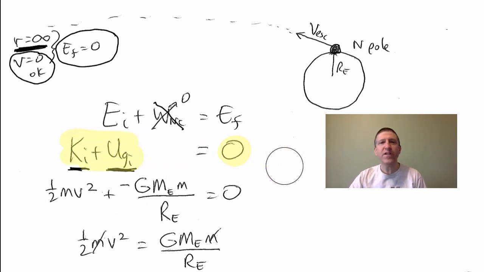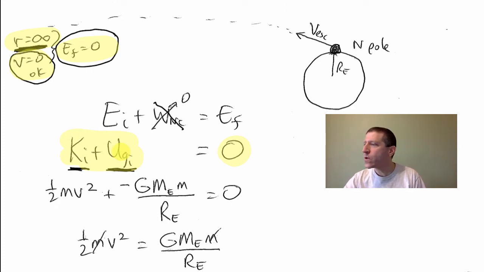In other words, if you have a total energy of 0, kinetic energy is positive, gravitational potential energy is negative, that means you've got enough energy to make it to r equals infinity, because there, it's okay if we have 0 speed, your gravitational potential energy will be 0, so your total energy will be 0 when you're all done as well. So as long as your initial energy, and we have to use universal gravitational energy, is 0, you'll make it there. So let's go ahead and just rewrite this.